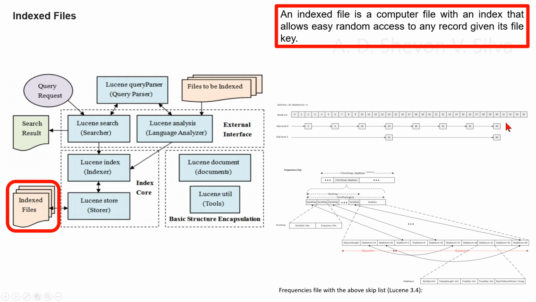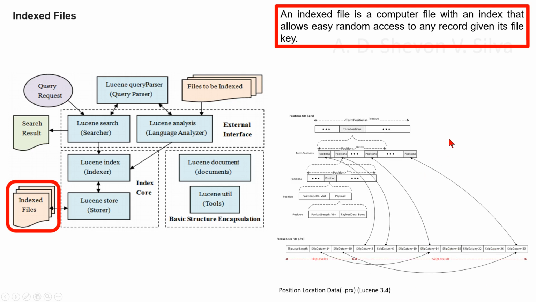Skip level is equal to 0 here. Here the skip datum: doc skip vint, payload length vint, freq skip vint, proxy skip vint, and skip child level pointer vlong.